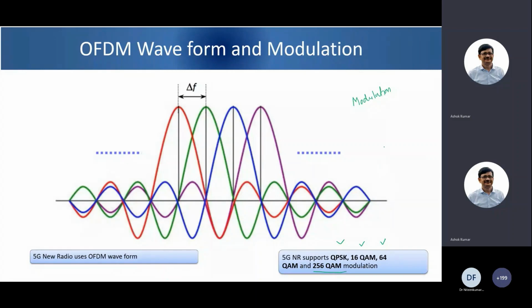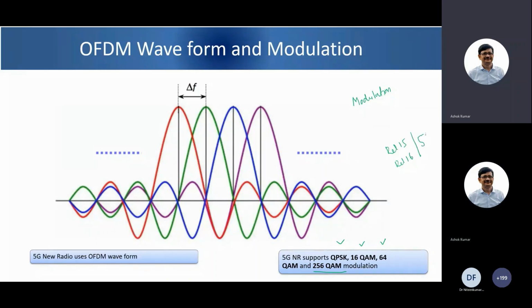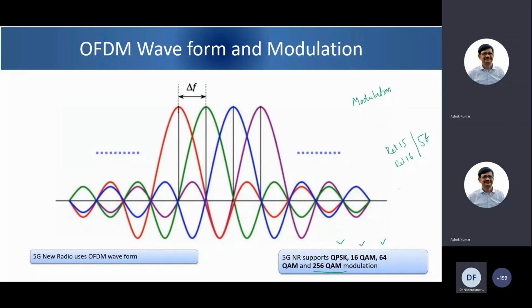I am talking about Release 15 and Release 16 of 5G, whereas beyond these releases, the order of modulation will increase. So we are using QPSK, that is 4 QAM, 16 QAM, 64 QAM, and up to 256 QAM in 5G.